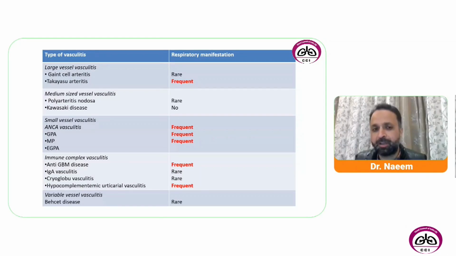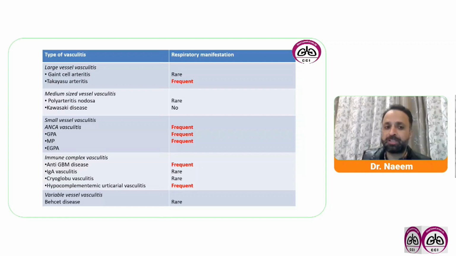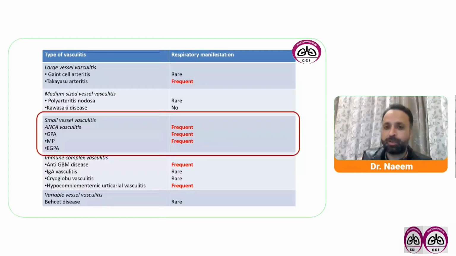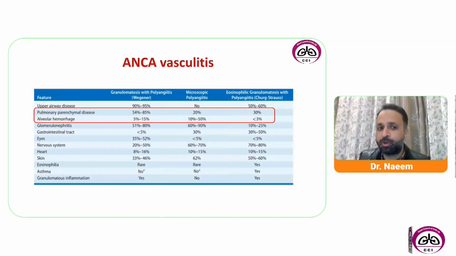Small vessel has a frequent pulmonary involvement, as we can see in GPA, MPA, and EGPA. And in immune complex mediated, it is anti-GBM and hypocomplementemic urticarial vasculitis.